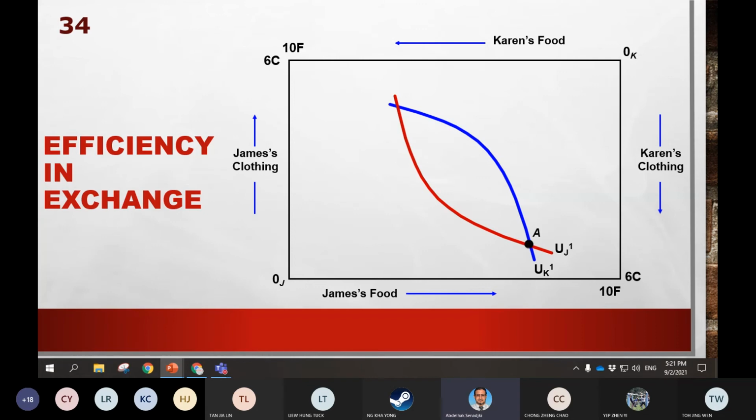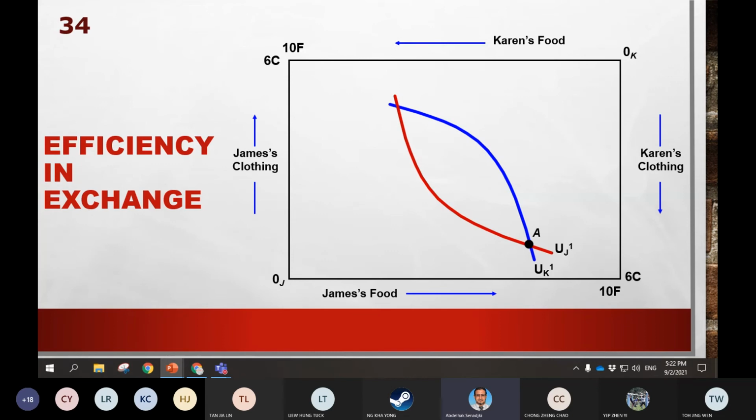If you look at point A, we have 7 units of food and 1 unit of clothes for James, and 3 units of food and 5 units of clothes for Karen. At point A, both James's and Karen's marginal rate of substitution give the slope of the indifference curve at point A. Here, this is the slope, right?